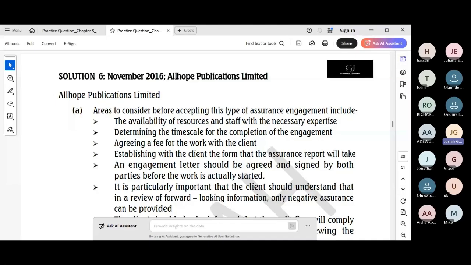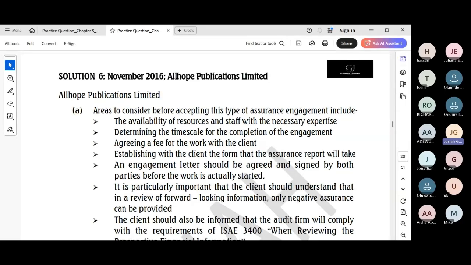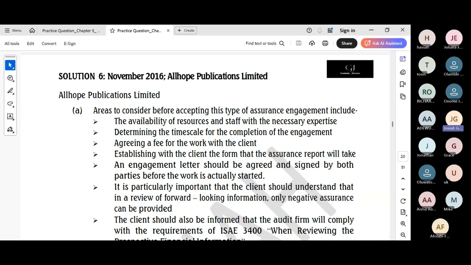So your points should be about the audit firm's own capacity and the establishment of clear terms with the client. So use a list format, like you can see on the solution. Start each point with action verbs like assessing, determining, agreeing, or establishing. So the key is to demonstrate the practical steps an auditor takes before commencing work.